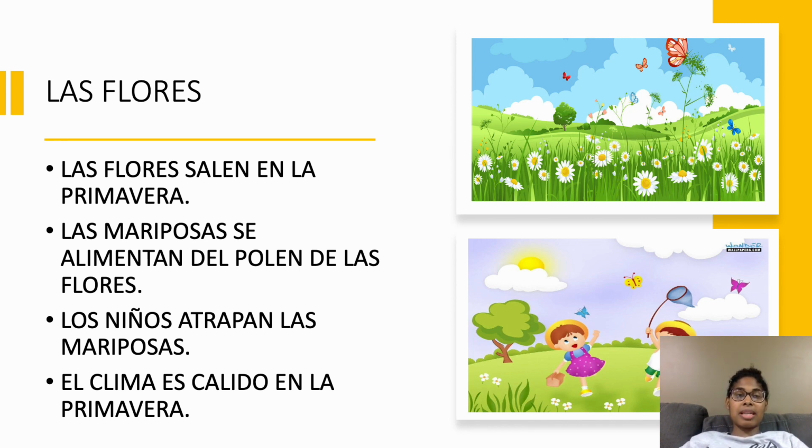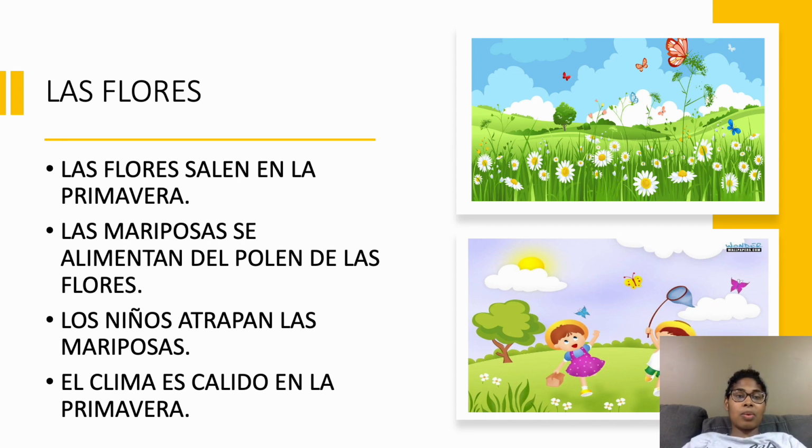Again, I'm trying to use sentences that are simple but that also look familiar and easy enough for you to associate. Salen en la primavera. The flowers come out in spring. Las mariposas means butterfly. Se alimentan del polen de las flores. So when you look at this sentence, I just told you that mariposa is a butterfly.